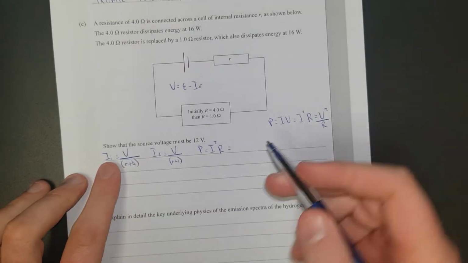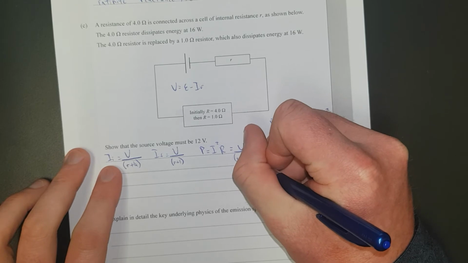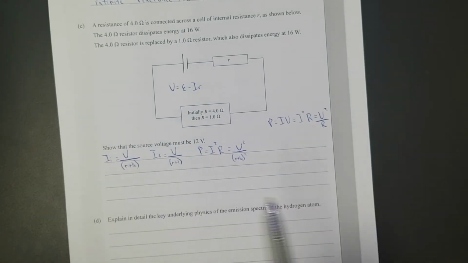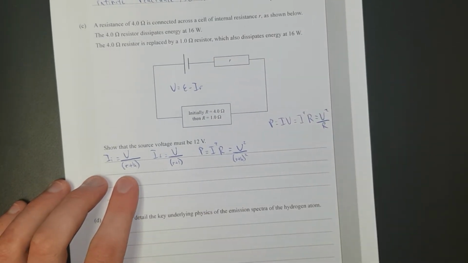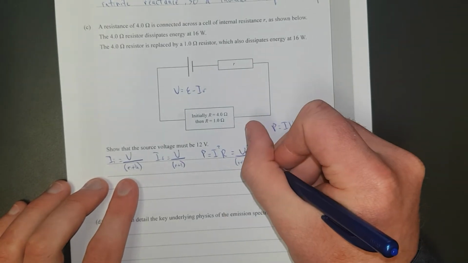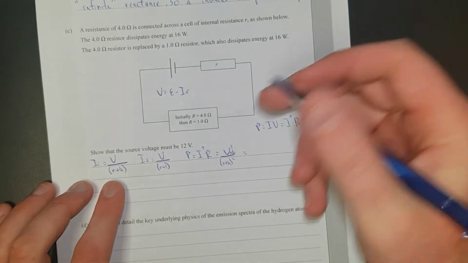We need to square this, so it's V squared over (r plus 4) squared, because it's I squared, so this whole thing is squared, times the resistance. In this case, the resistance is 4, times 4, for the initial current.